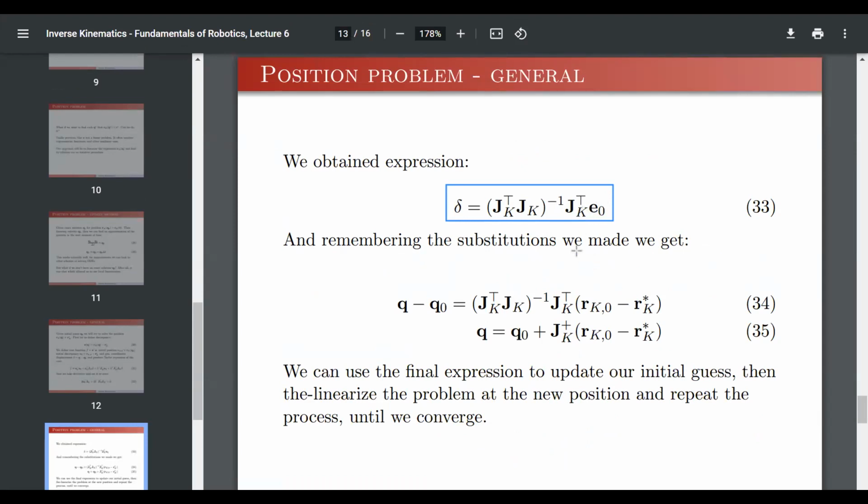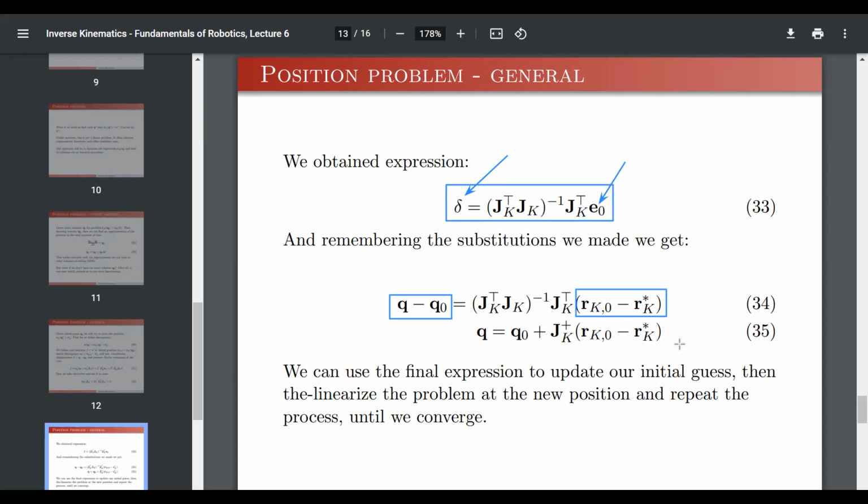Okay, now remember we did a bunch of substitutions. So this guy here is a substitution for this thing. And this guy here, E0, is a substitution for RK0 minus RK star.